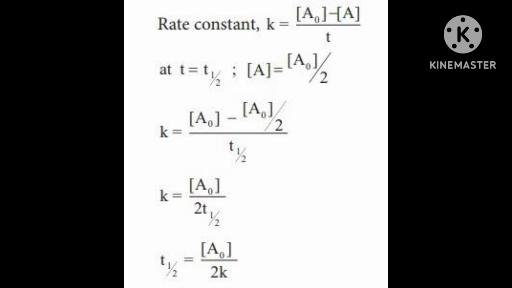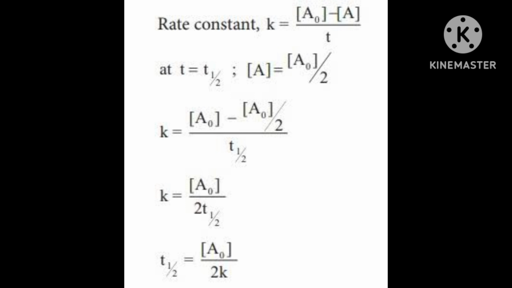This is the time required to complete 99.9% of the reaction. Now you have to compare this T value with the T half value. Obviously you will get 10.